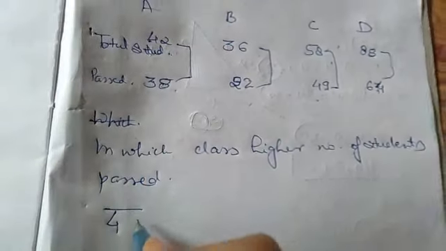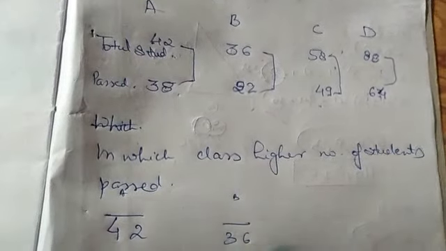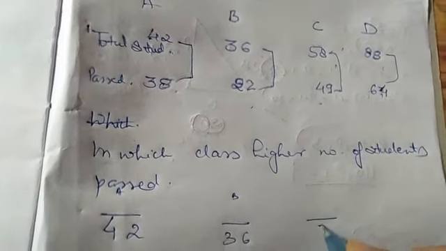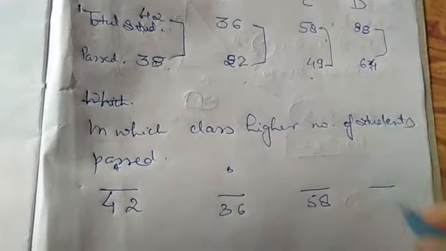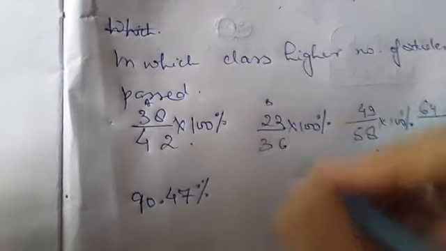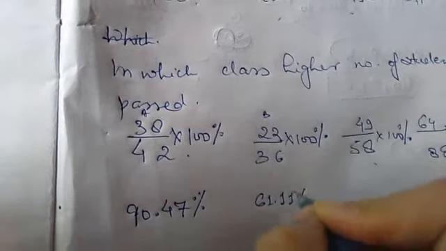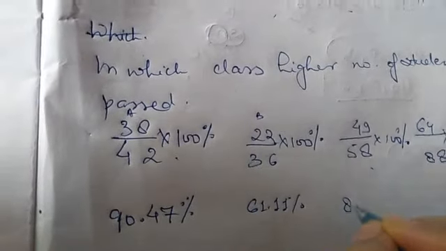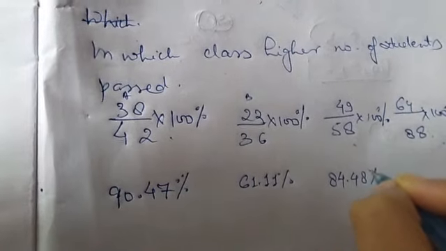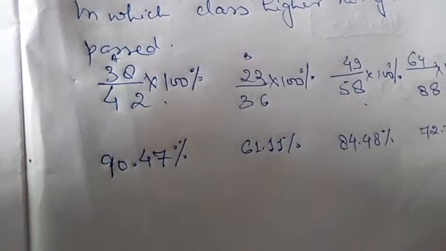Total number means 42 for A, for B it is 36, for C it is 58, and so on. Multiplying this by 100, what did we get? A is 90.47%, B is 61.11%, C is 84.48%, and D is 72.72%.